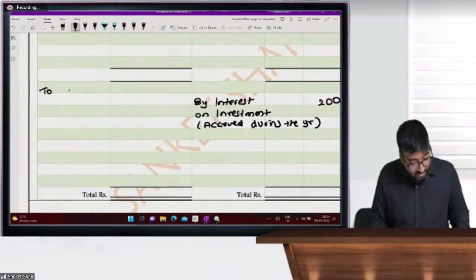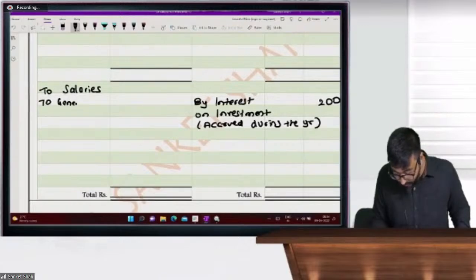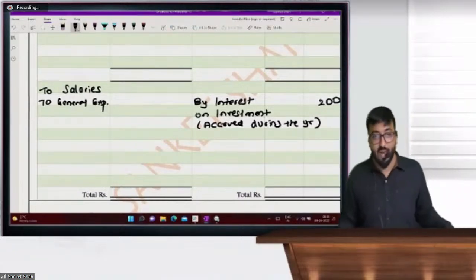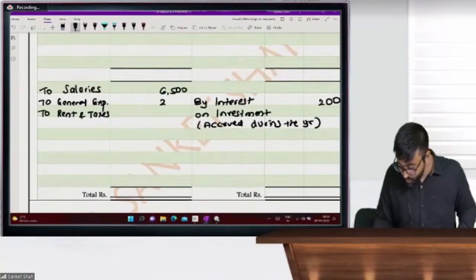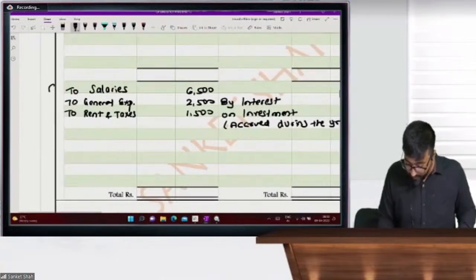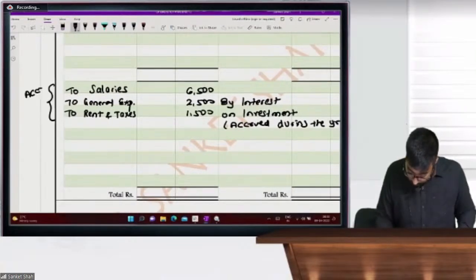Now you remember. To salaries, to general expense, to rent and taxes, outer column, 6,500, 2,500, and 1,500. And these are accrued during the year.